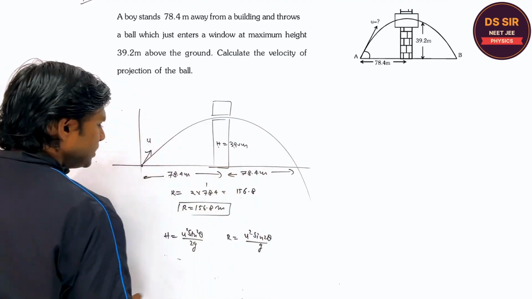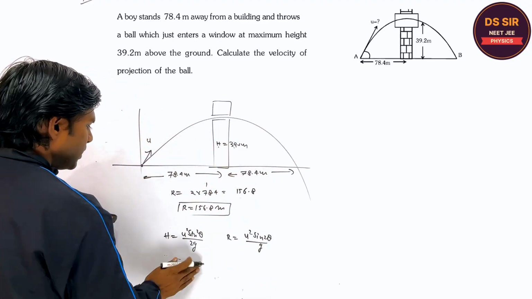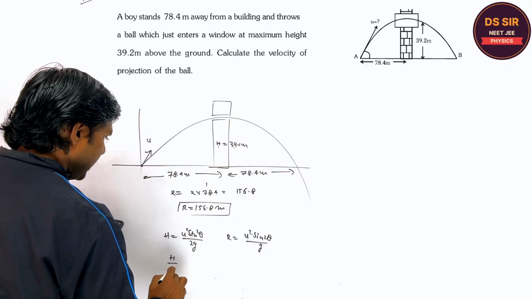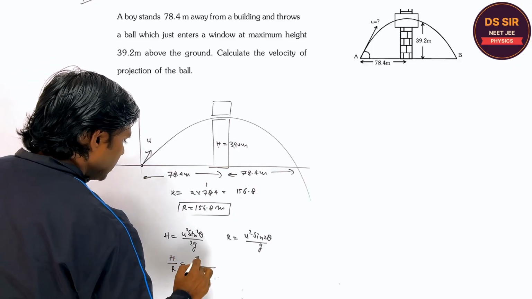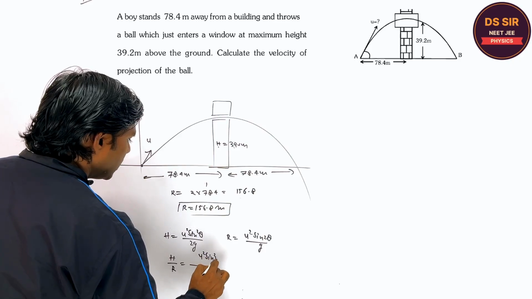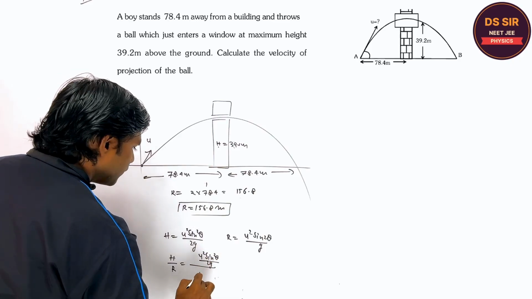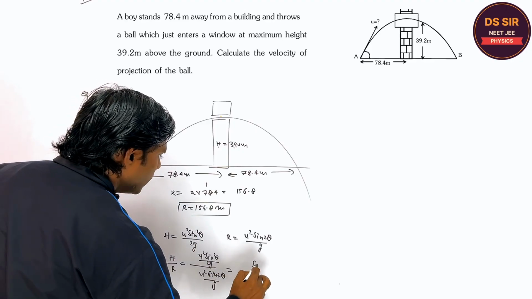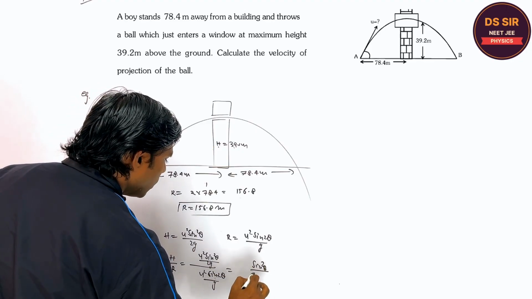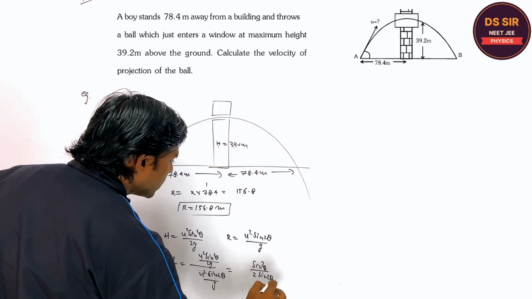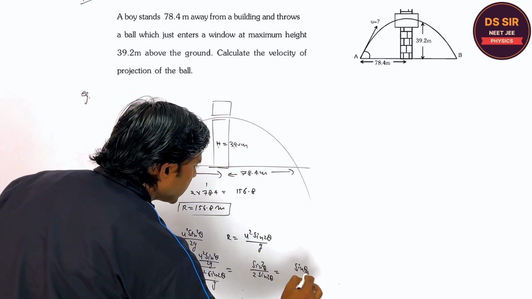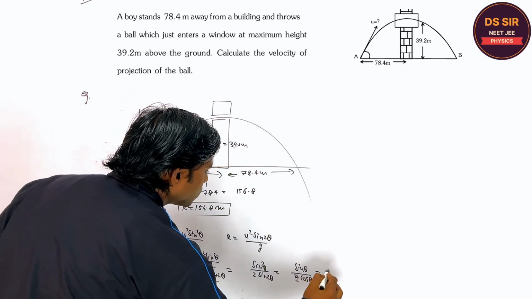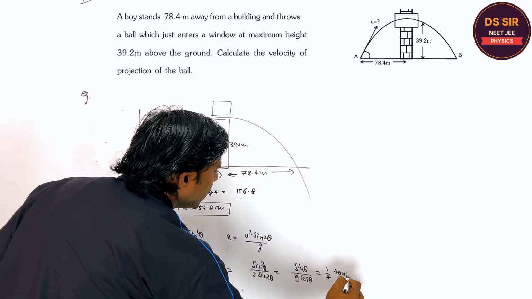The range is given and the height is also given. So h upon r, right, h upon r is equal to u square sine square theta upon 2g, divided by u square sine 2 theta upon g. You will get sine square theta upon 2 sine theta cos theta, which is equal to sine theta upon 4 cos theta, which is equal to 1 upon 4 tan theta.